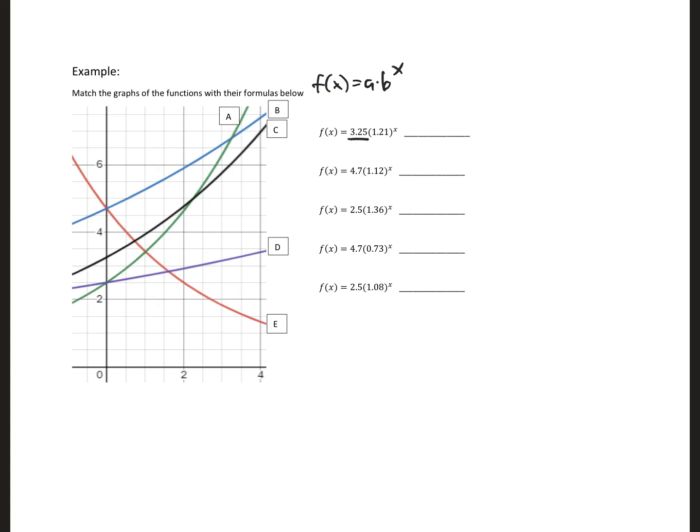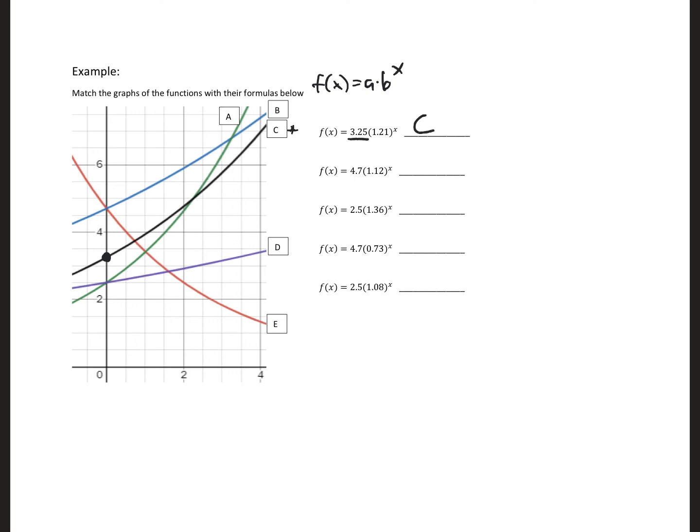This is the initial value, 3.25. If I look at this graph, the black graph, C, has an initial value of about 3.25. That's where it intersects the vertical axis, and it's growing. So I would assume that this is C.